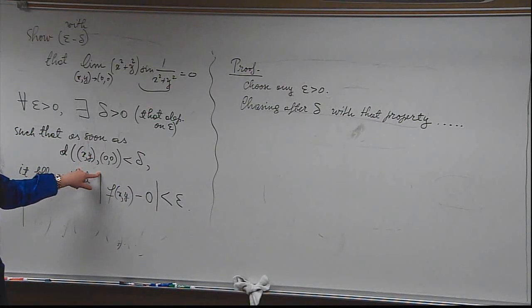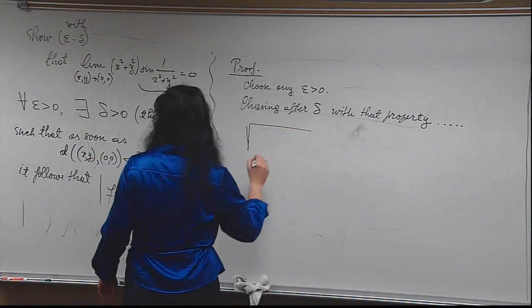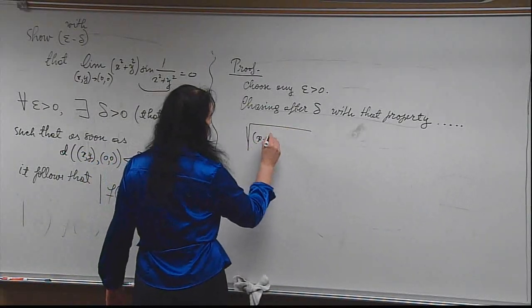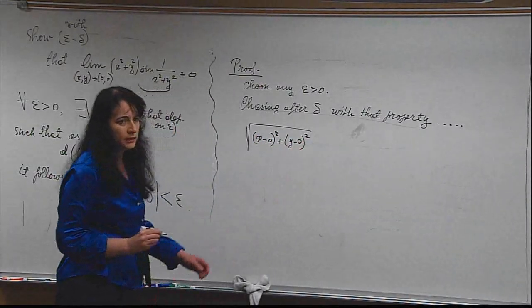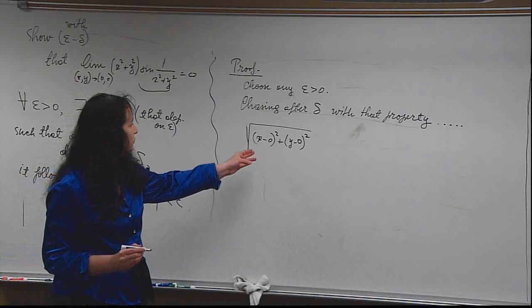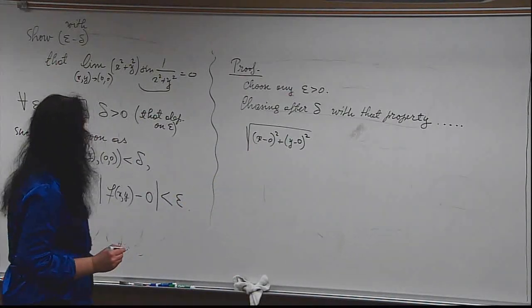It was Euclidean, right? So I had square root of, did I? Square root of x minus 0 squared plus y minus 0 squared. You say, but that's silly, Magdalena. Do you have to write it down like that? It's the center point here.